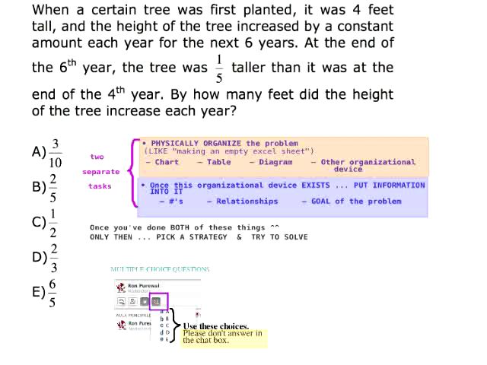How did you organize this problem? Somebody summarize for me in the chat box. There's a way.